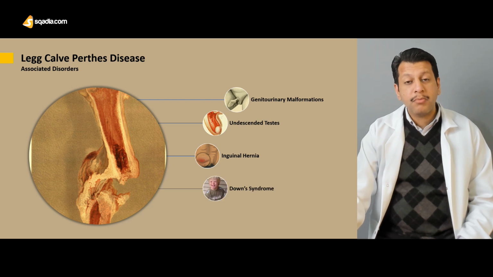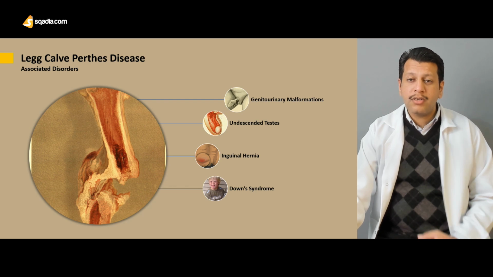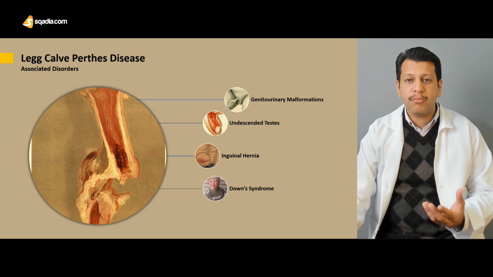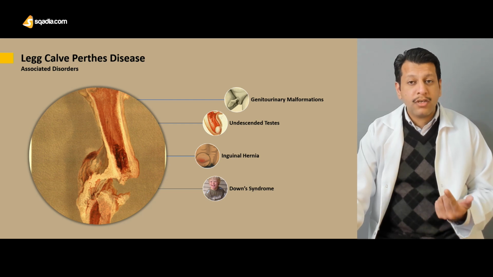And then this may be associated with Down syndrome. In children with Down syndrome, there are certain things which are more predominantly associated. For example, these children have a high association with atlantoaxial rotatory instability.